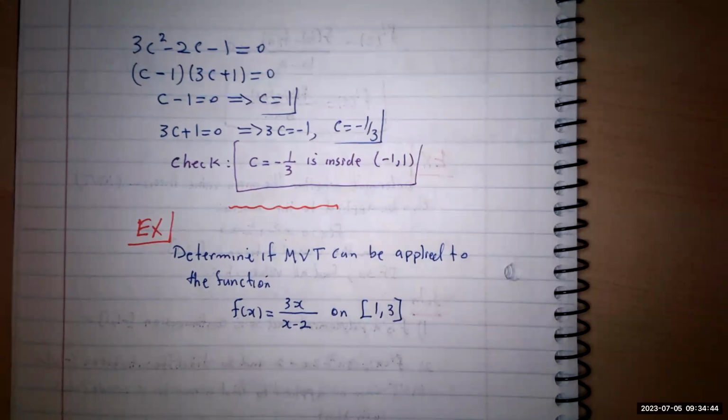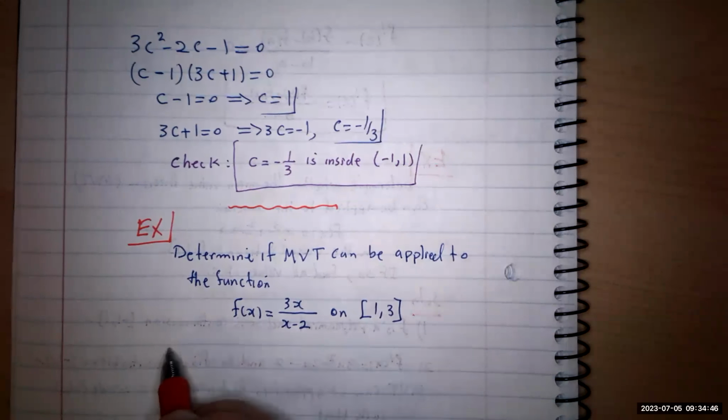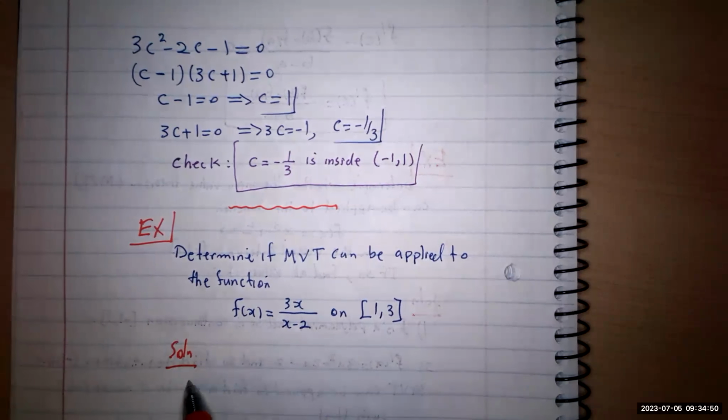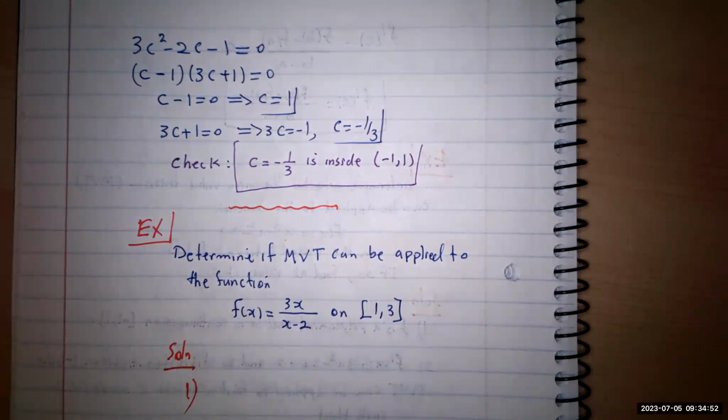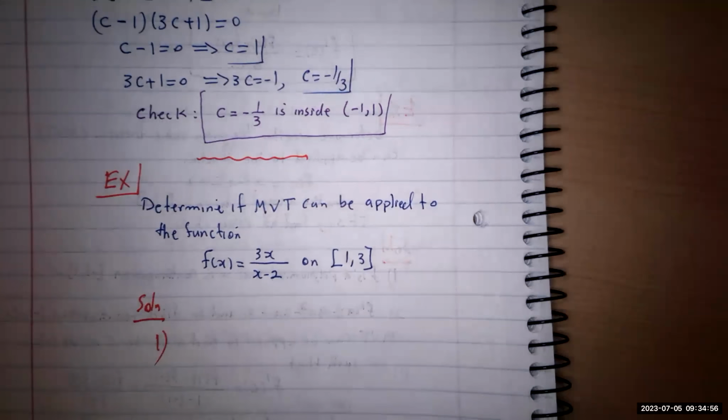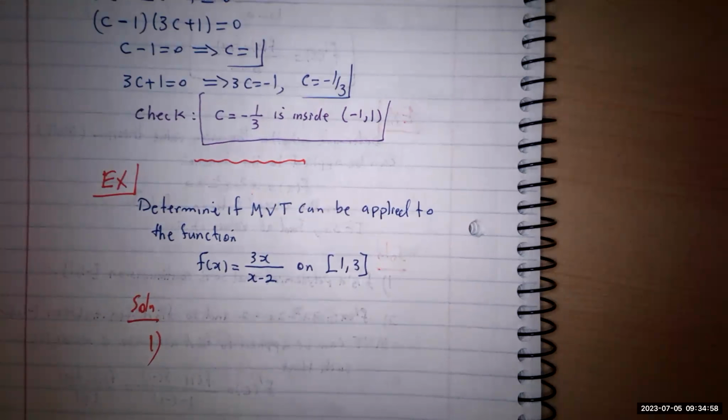We have to check the condition first. So the solution is, you check the first condition. The first condition is continuity. It's a rational function. So where is the rational function continuous? Remember the rational function? For a rational function, you have to worry about the denominator.